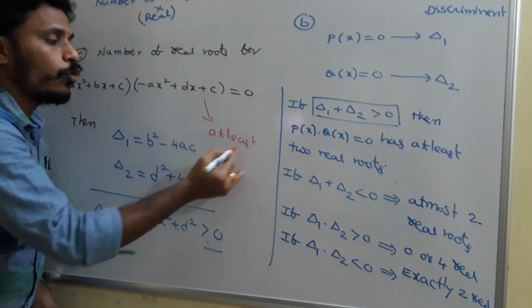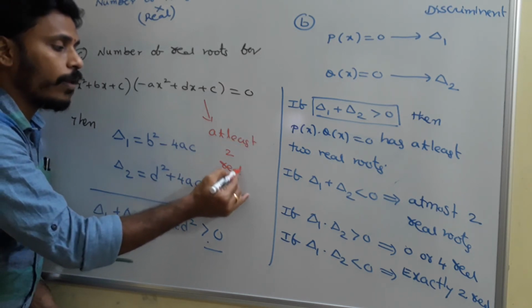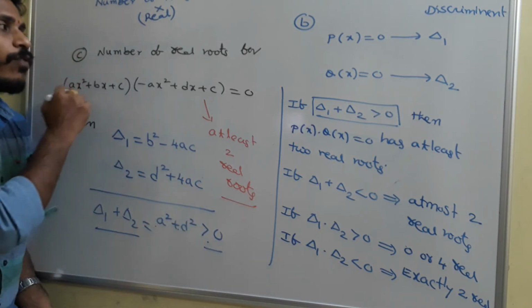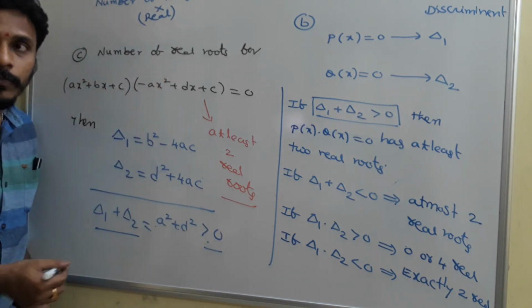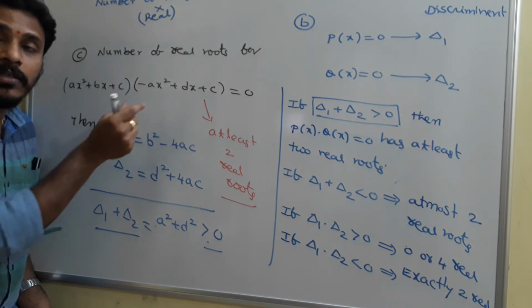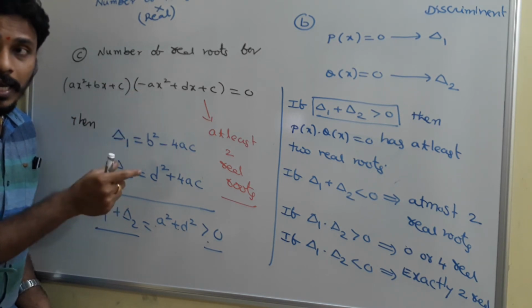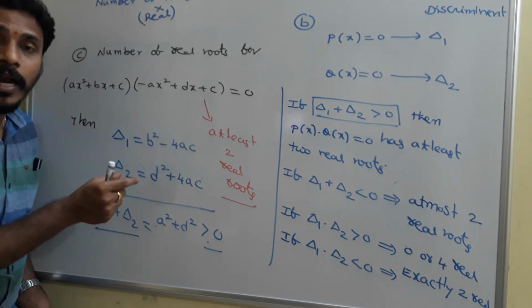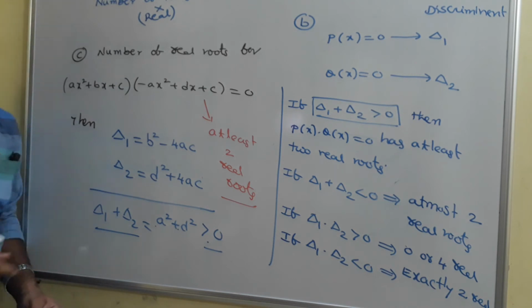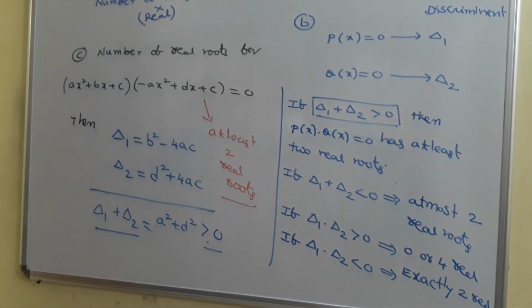Either 2 real roots or 4 real roots will happen. So we conclude that at least 2 real roots are there for this equation of the form p of x into q of x equals 0. Just have a look. The discriminant of the quadratic equation helps also in this form to find the number of roots for equations of the form p of x into q of x equals 0.